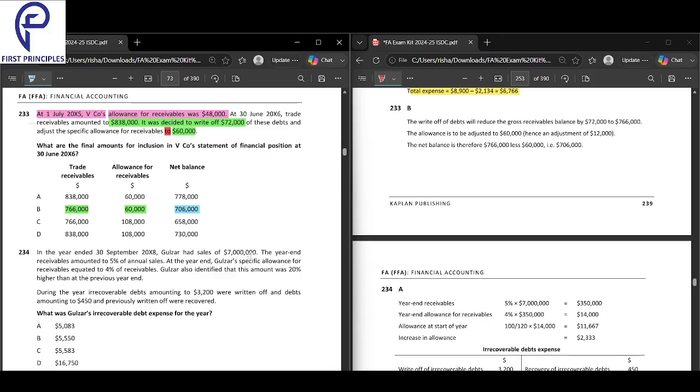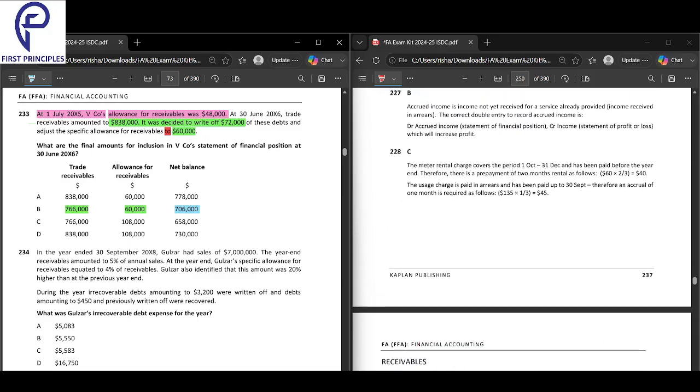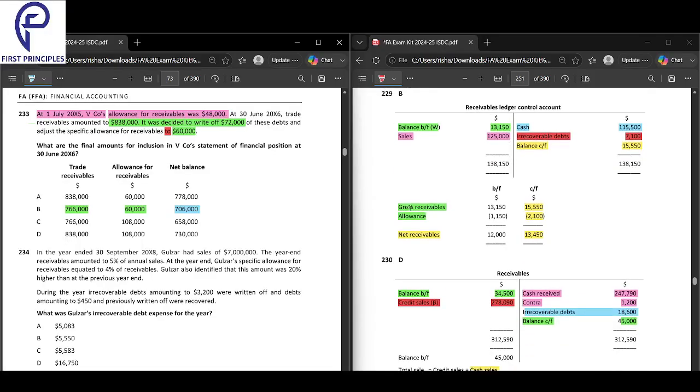We had done this in the first sum, how to get the net: from gross, we subtract the allowance and get the net. Same thing has happened over here.